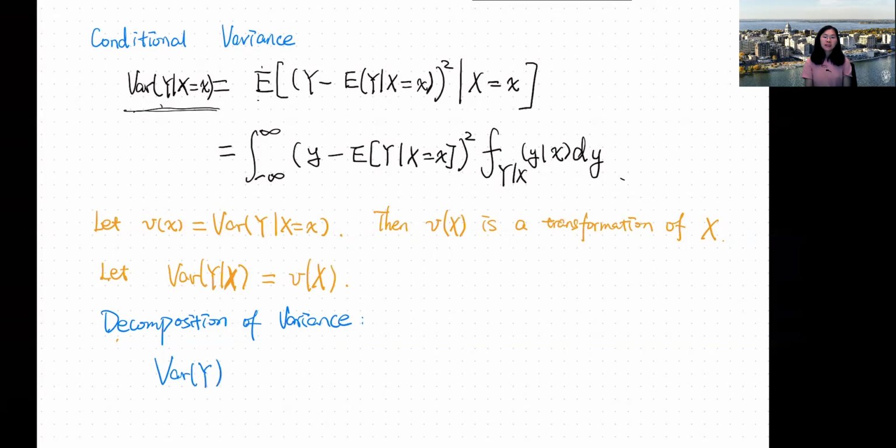I'll just restate the decomposition of variance without deriving it. The derivation is actually the same as in the discrete case. The variance of Y can be decomposed into this within group variance, the average within group variance, and the across group variance.